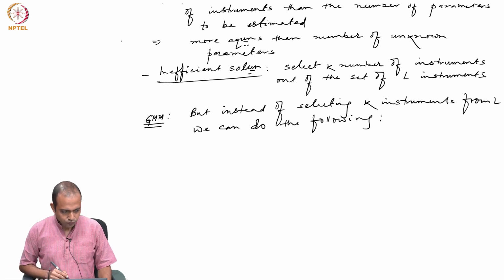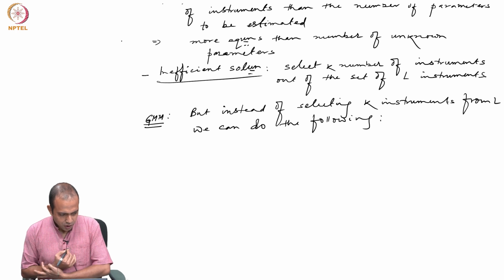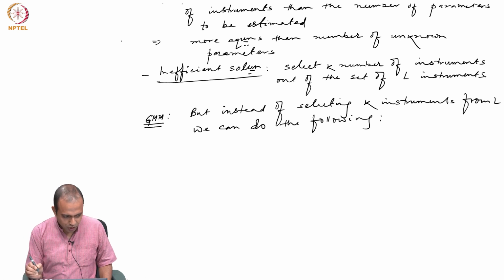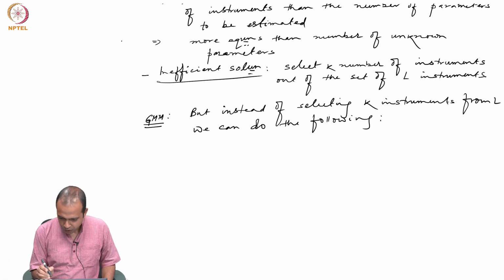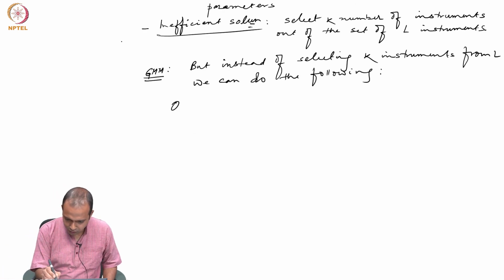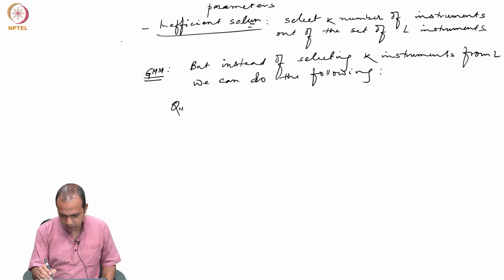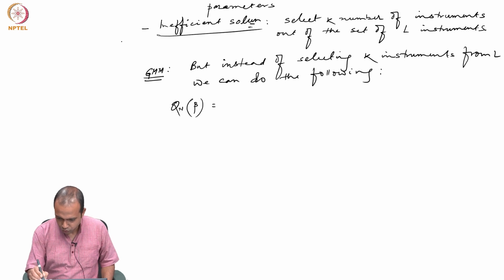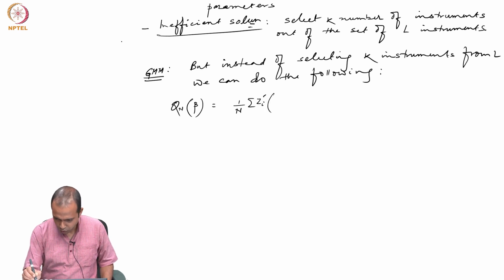Okay, we can do the following, that is more efficient actually. And that is the GMM estimator, which is nothing but what we are actually doing. I will write it here, Qn of beta GMM equals 1 by n, then Zi prime yi minus xi prime beta.